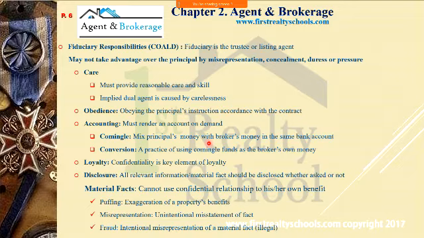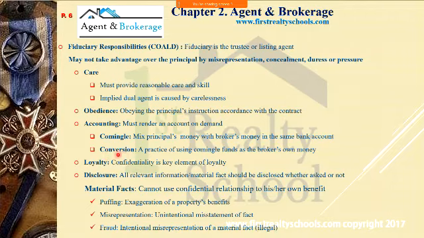Mixing it with a company account is illegal too, but the penalty is not as much as when you mix it with your personal account. Remember that it will also be in the state exam question. If you mix with your personal account, you may lose your license.